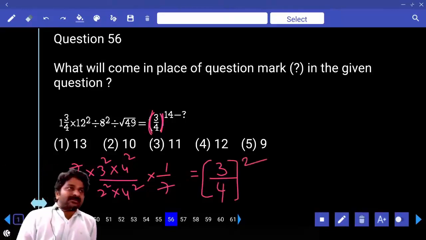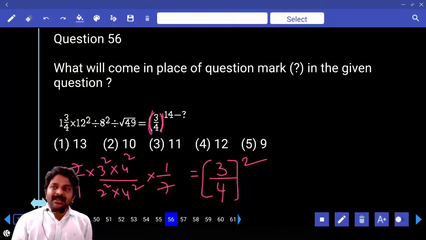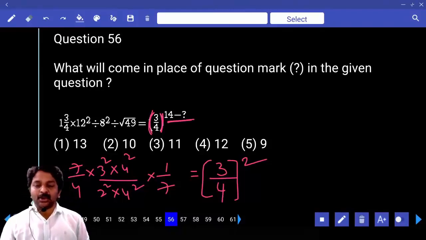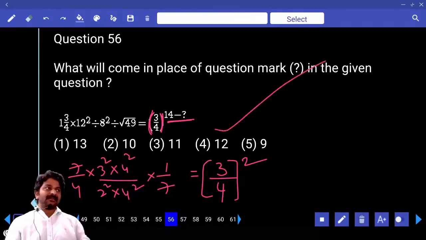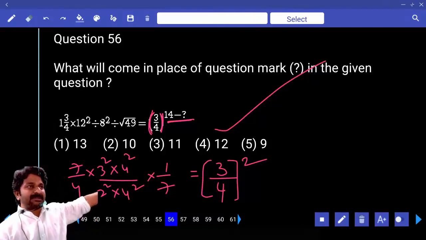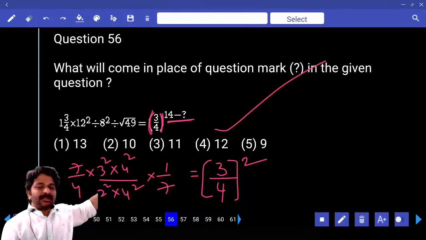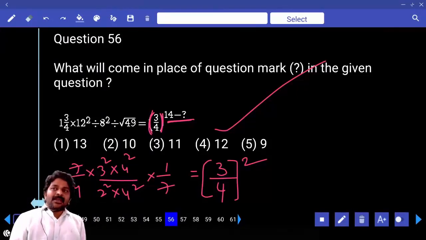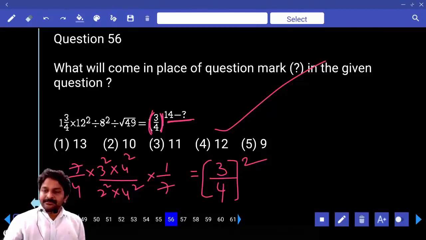No doubt about it. Understood? So from the exponent 14, how much must be subtracted to get 2? 12. That's all. I am not going for any simplification here. Even if you consider, you will get the denominator 4 to the power of 2 only. Okay? Right.